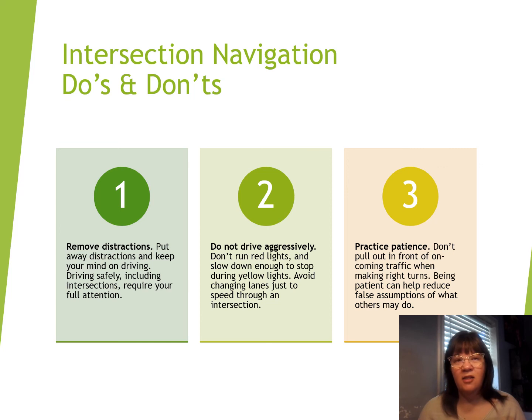All of this is considered aggressive driving. Practice patience. Don't pull out in front of oncoming traffic when making right turns. If you do not have enough space to get up to speed without the vehicle that's approaching hitting their brakes, you don't have enough space.